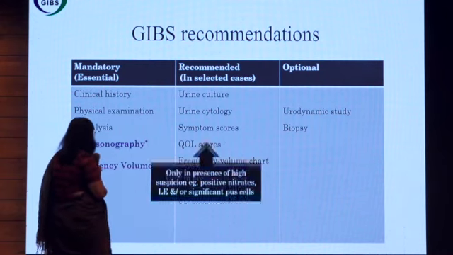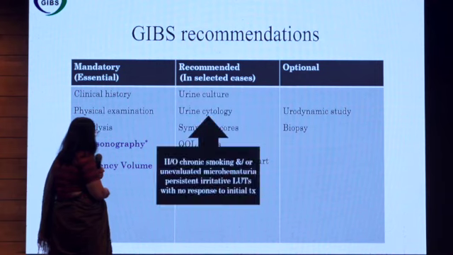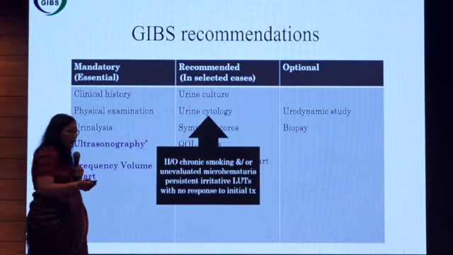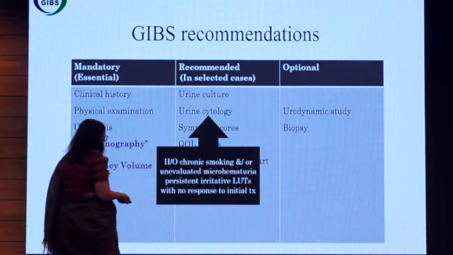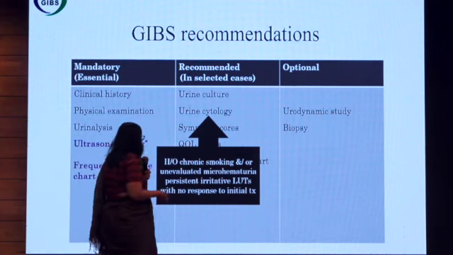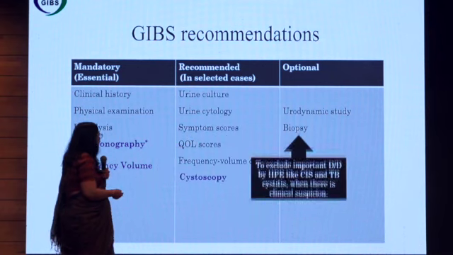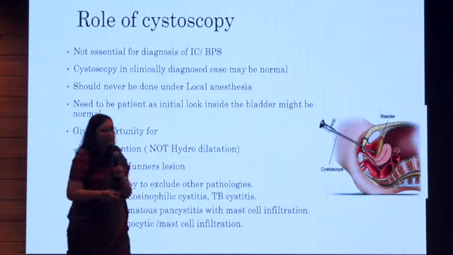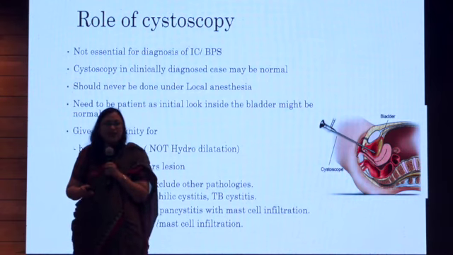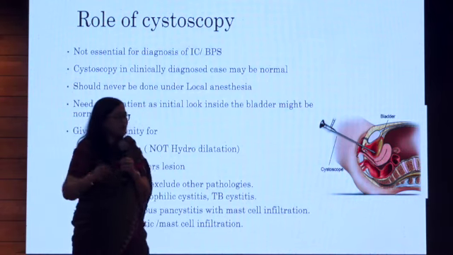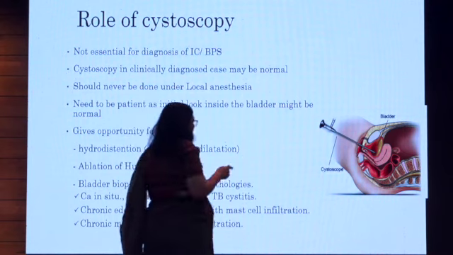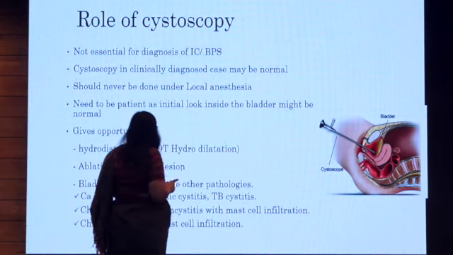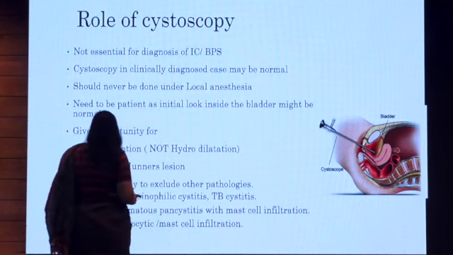I have already given the explanation. Yes, if there is a history of chronic smoking, which is pretty common in my part, where ladies are smoking, and if there is hematuria, then probably go for cytology. Now coming to the role of cystoscopy. This is actually a very controversial thing. The urologists are saying that cystoscopy is mandatory for diagnosis, but it's not essential actually, and at least the guidelines are not saying that.